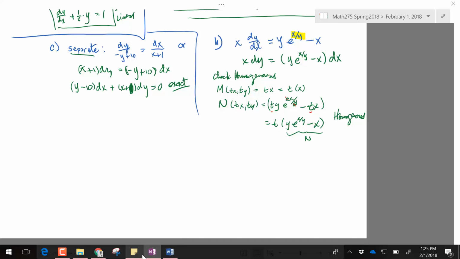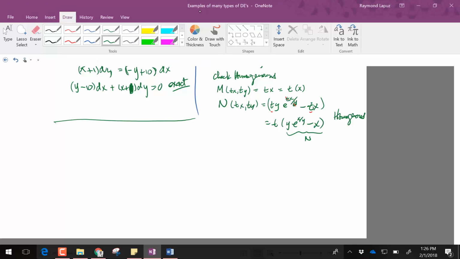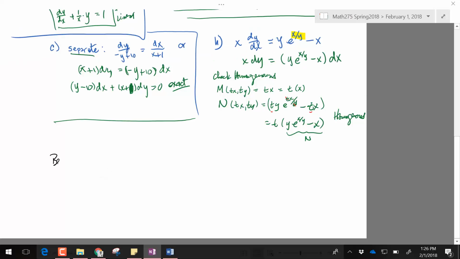What's a Bernoulli? Oh, Bernoulli has some special form. It almost looks linear, except for that last bit.